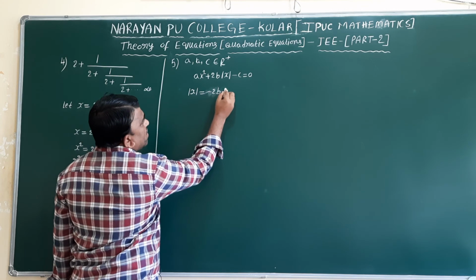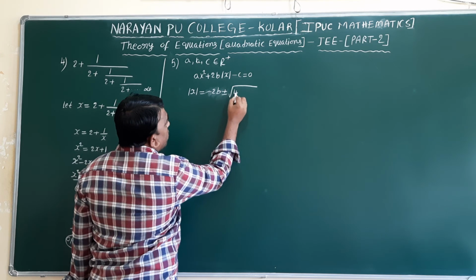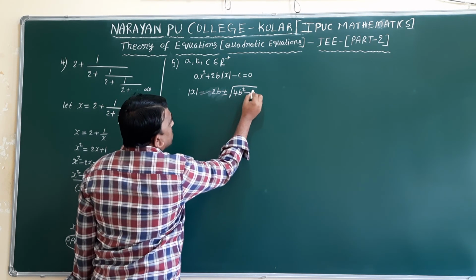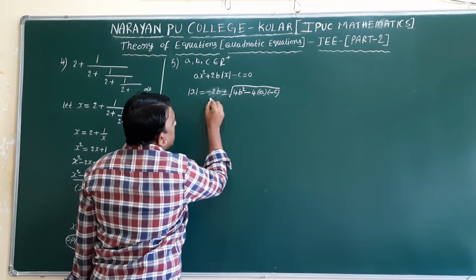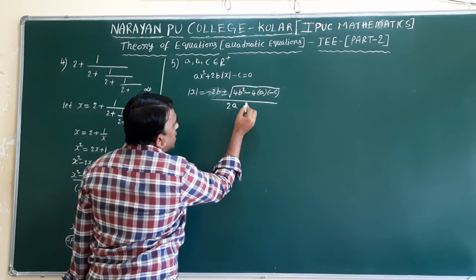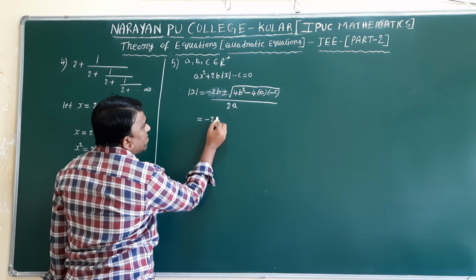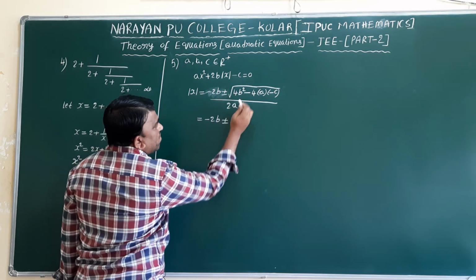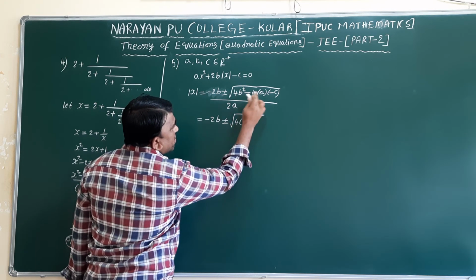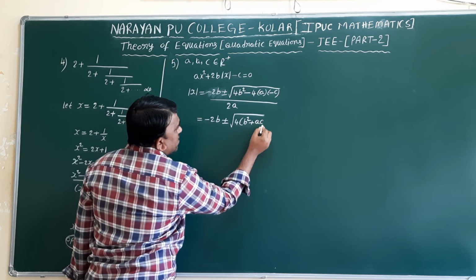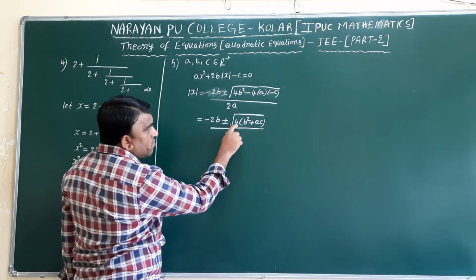Minus 2b plus or minus square root of 4b square minus 4ac, divided by 2a. Root 4 value is 2.